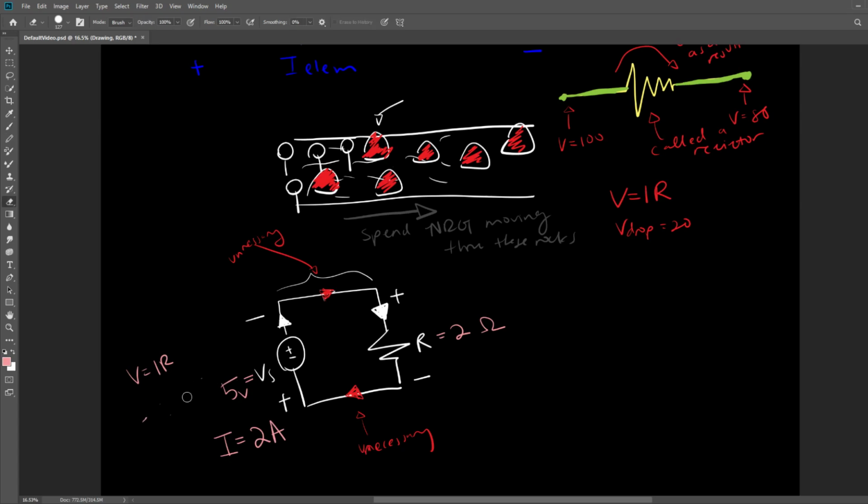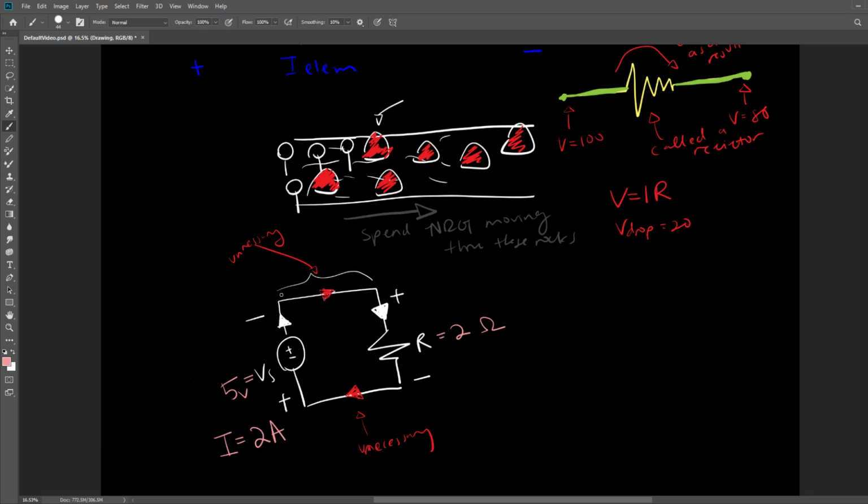We don't really know why we have a current of 2 amperes. Let's just say we do, and hopefully you'll know why. So we have 5 volts, and we have 2 ohms.